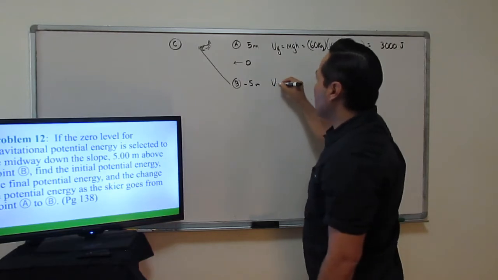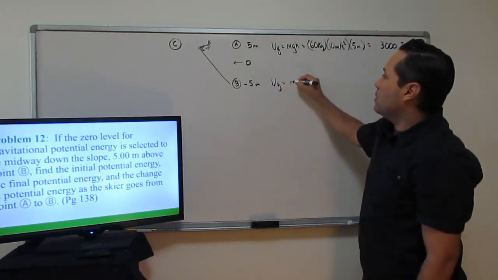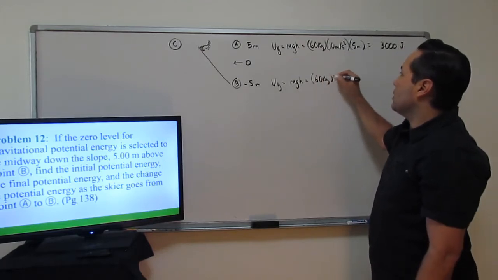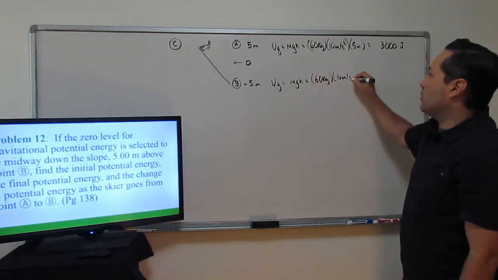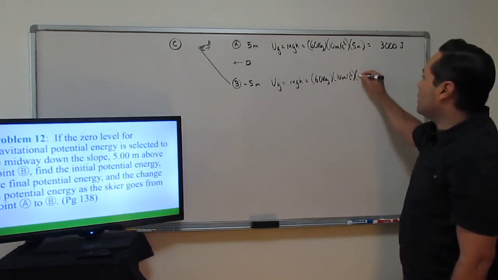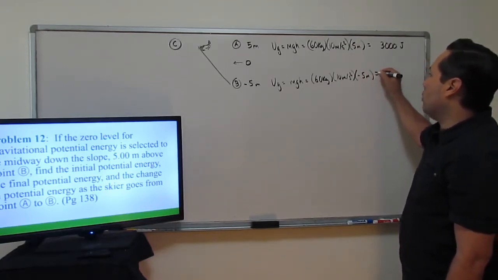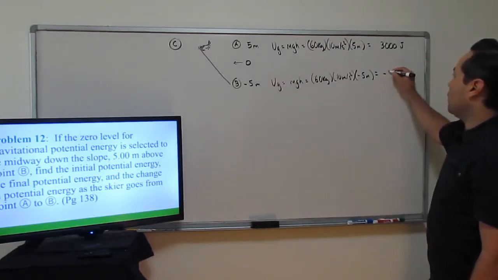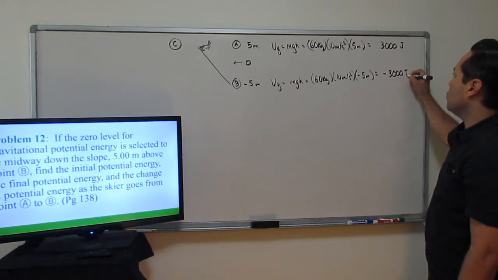For point B, it's the same mass times gravity times height: 60 kilograms, 10 meters per second squared, and it is 5 meters below the reference point of 0. So it's going to give us negative 3,000 joules.